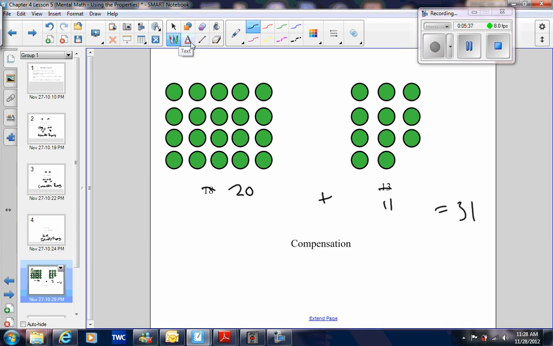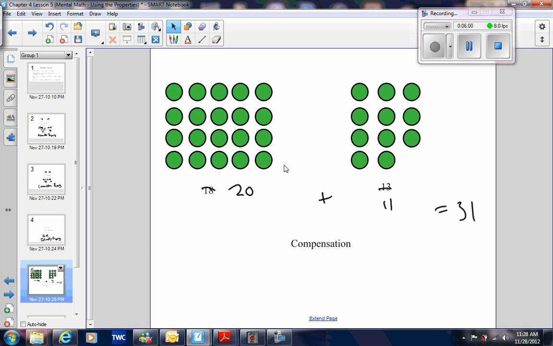So what I did was I took 2 of them from this side and linked them on over here so that I had something really easy I could do in my head. So 20 plus 11 is easier to do in my head than 18 plus 13. And I get the same sum.